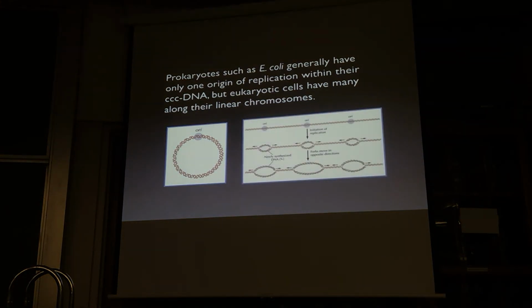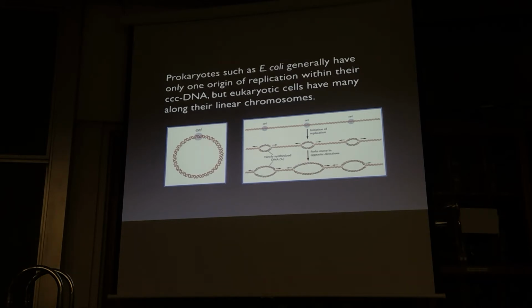If we're talking about a eukaryotic organism, eukaryotic organisms have linear chromosomes. And if you've ever wondered, does a chromosome start replicating at one end and replicate the whole length? The answer is no. Eukaryotic chromosomes also have origins of replication, but they have more than one. So they'll have a whole bunch of them.